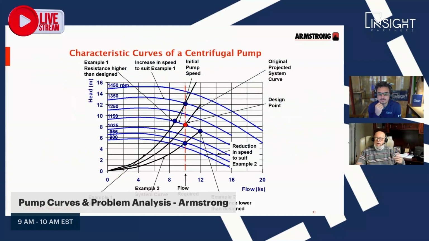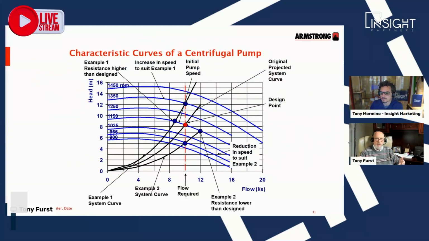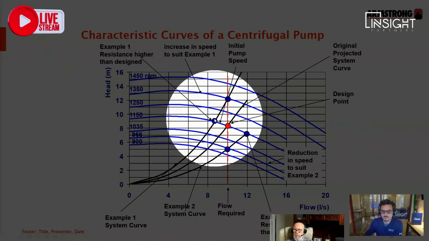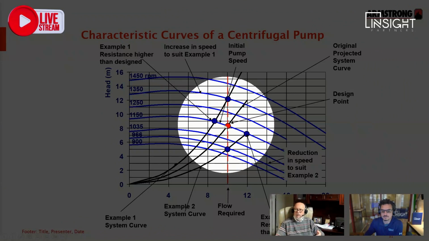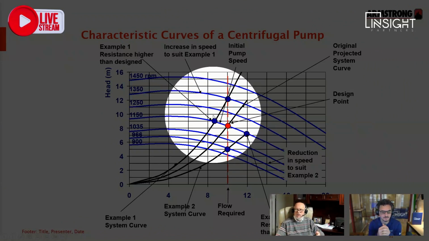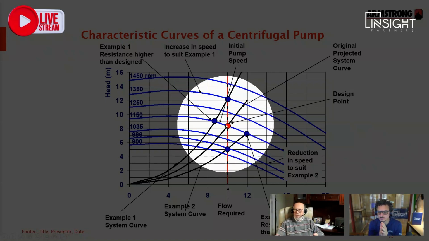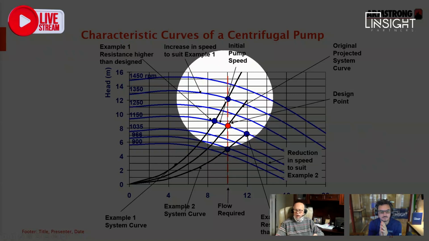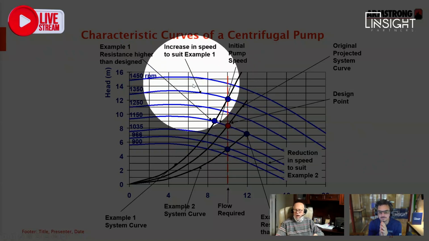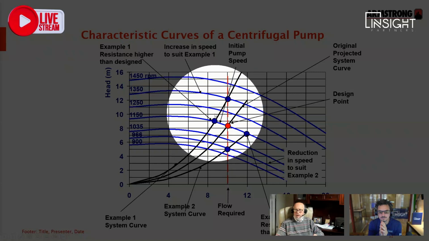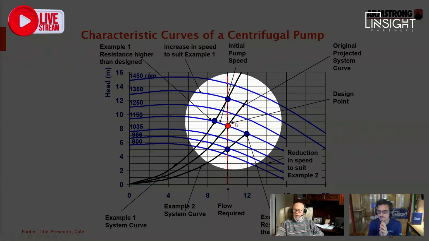So when we look at all this, we understand that there's our design point. If the resistance is higher than design, what are we going to do? Well, we can increase speed to handle higher heads, or we can decrease speed, depending on what we're trying to do.